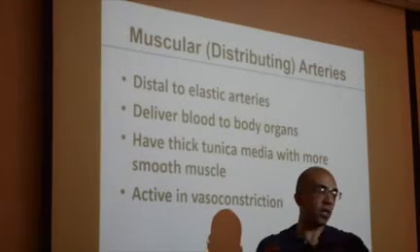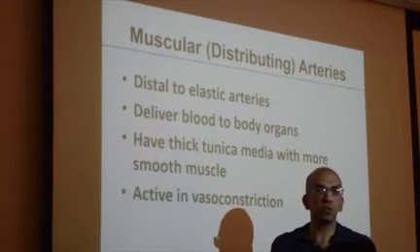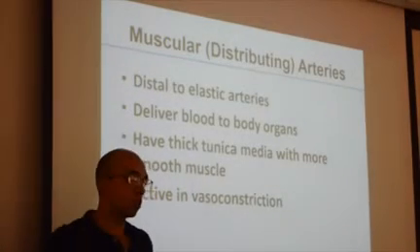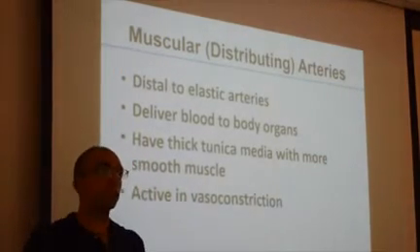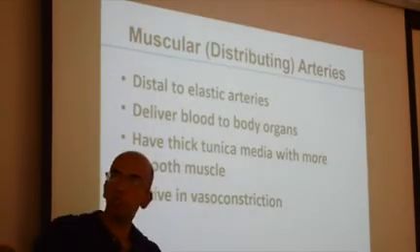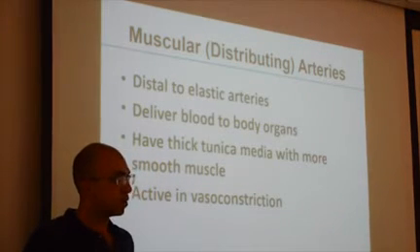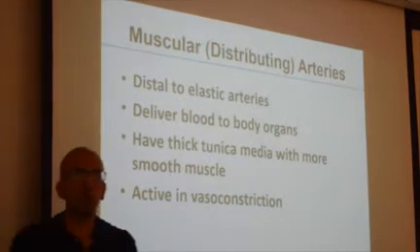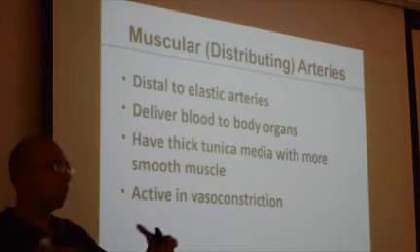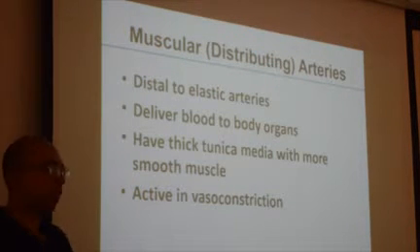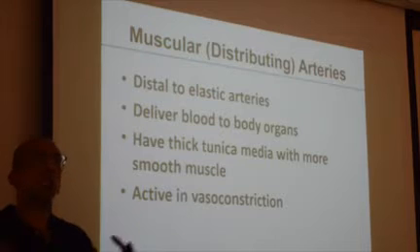Do you push the blood by contracting the smooth muscles of the vessels? Yes or no? You're not pushing the blood. The force of the blood flow you're getting from the ventricular contraction. Right? So why do you have muscles in your blood vessels? To increase or decrease the diameter of the vessel, to perform either vasoconstriction or vasodilation.